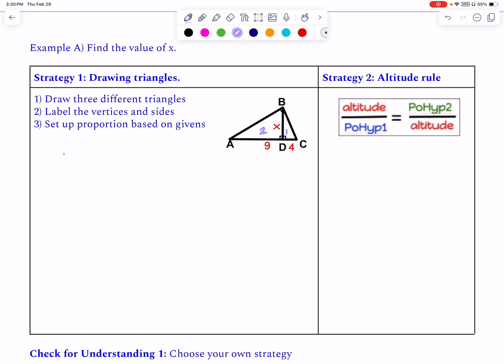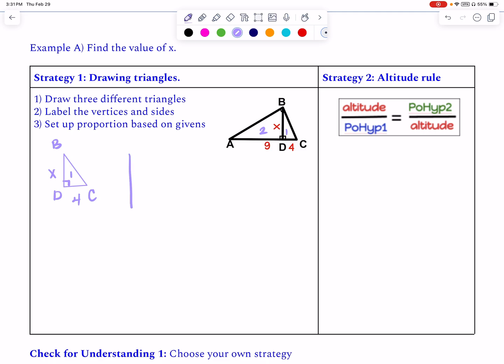So let's do the angles at D, the shorter length is DC, B. x and 4.